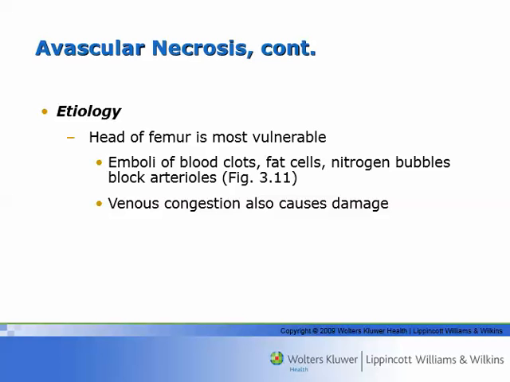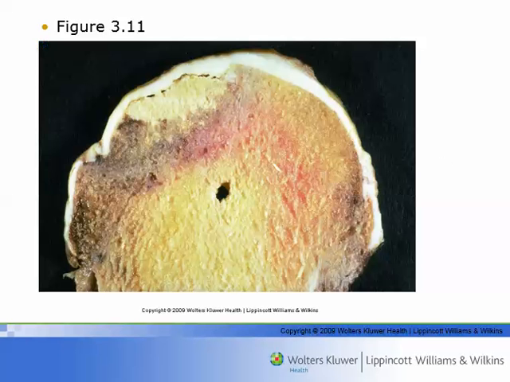So there's not multiple collateral routes for blood to get there, and it's the same with the head of the femur. There's not a lot of collateral routes, so if that blood supply is disrupted, then there's not a lot of choice. It doesn't take a lot of disruption to cause a problem.